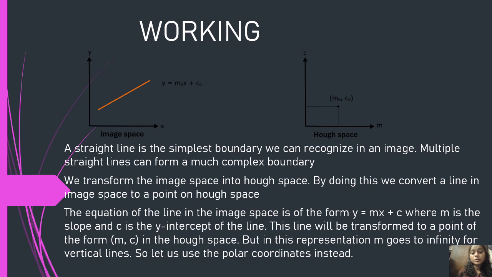The equation of the line in the image space is in the form of y is equal to mx plus c, where m is the slope and c is the y-intercept of the line. This line will transform into m comma c in the Hough space, but this representation has a problem with vertical lines. So let us use the polar coordinates instead.